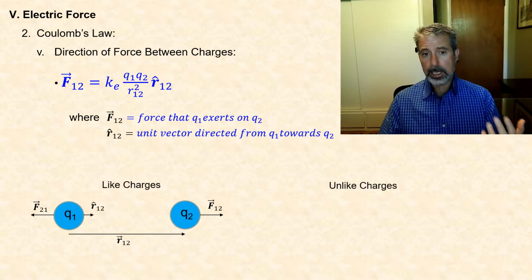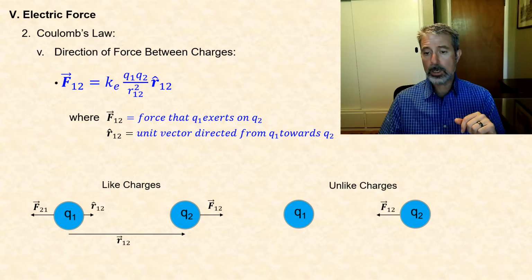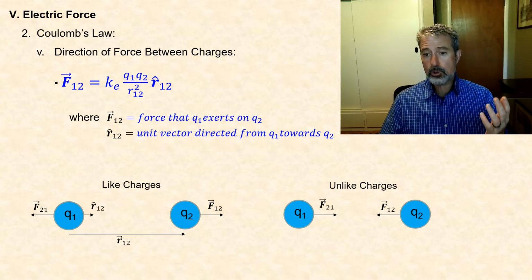In the case of unlike charges, let's look at that. Here are our charges Q1 and Q2. One of them is positive, one is negative, in which case we know that there's an attractive force between these charges. Now, when you use Coulomb's law, you will notice that one of these values for Q1 and Q2 will be negative.